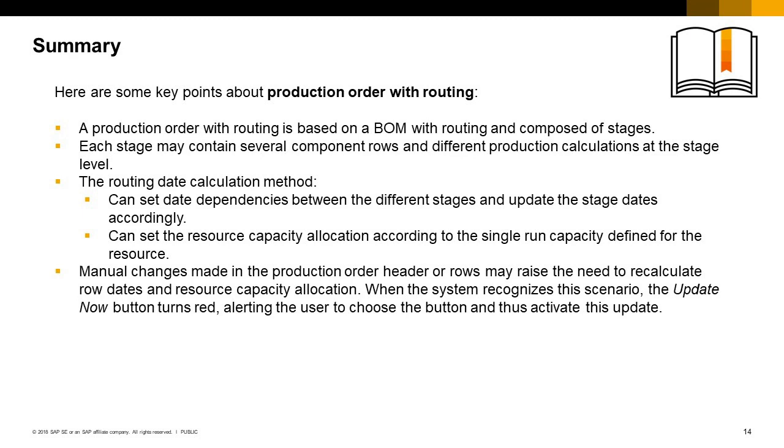It can set the resource capacity allocation according to the single run capacity defined for the resource. Manual changes made in the production order header or rows may raise the need to recalculate row dates and resource capacity allocation. When the system recognizes this scenario, the Update Now button turns red, alerting the user to choose the button and thus activate this update.